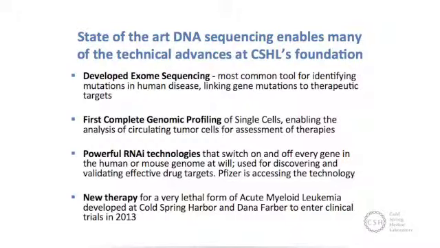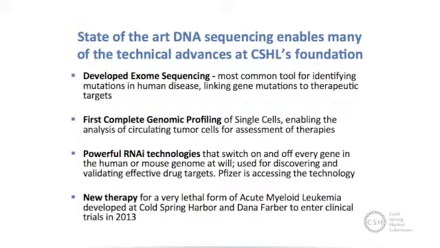Some examples of how having this technology let us move quickly in a pretty competitive environment. One is the exome sequencing, which has been used in a lot of illness, looking at disease genes, both here and at many other places. The single cell work gives a different perspective on what a tumor is, because it helps us elucidate the heterogeneity in the tumor.